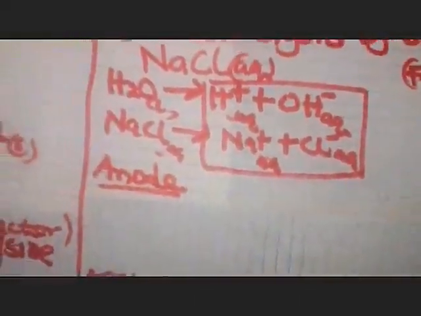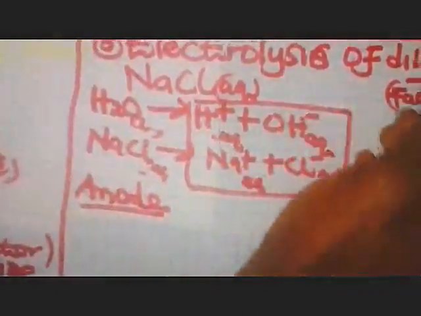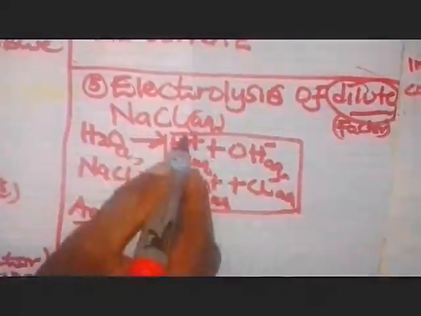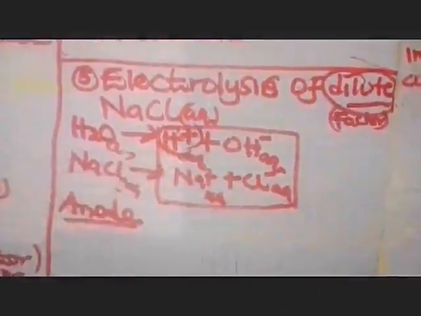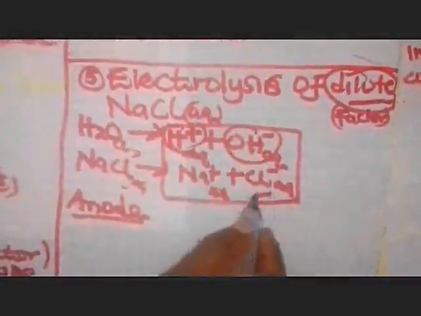Now what is going to move to the anode? We are going to see which one is highly concentrated, because water is in excess because of the word dilute. Water is a lot in dilute sodium chloride. So this implies that the hydroxyl ions are highly concentrated, more than the chloride.